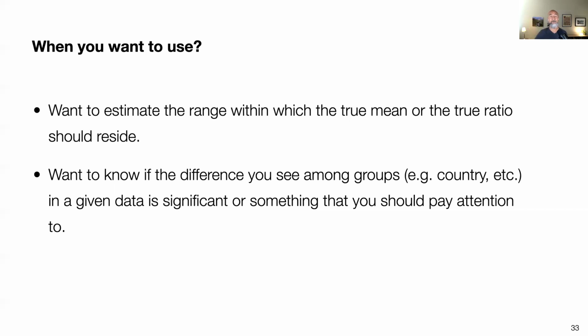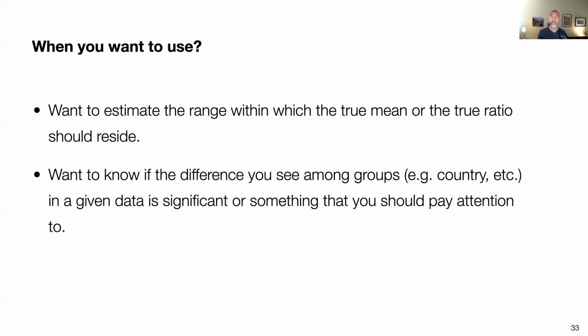Next thing is actually more useful and important, which is you want to compare multiple things, right? Like you want to compare the sales among the countries. You want to compare conversion rate among the channels, where the customer is coming from.